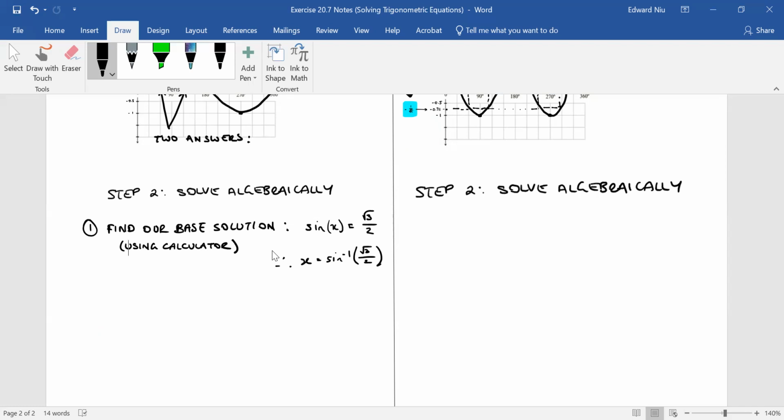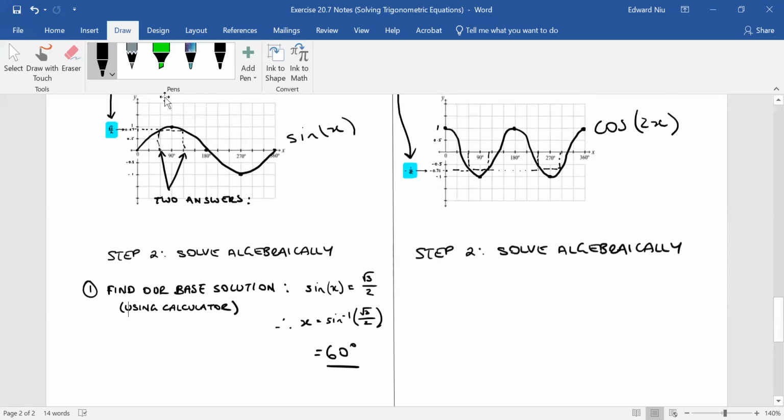And this is going to get us 60 degrees. So our first answer is 60 degrees. And we know this already because 60 degrees is that point there.